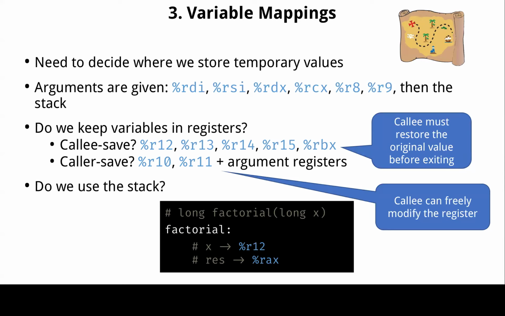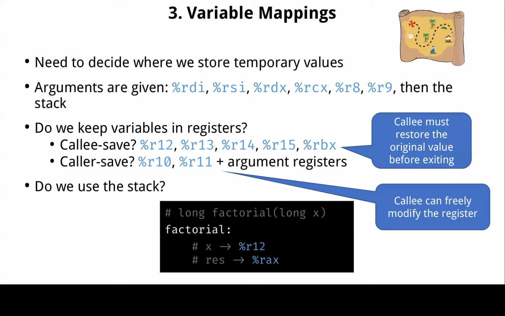Then there is another convention: who is supposed to save those registers? There is a concept called callee save, also caller save. Callee-saved registers mean your function implementation, because your function is called by someone, so this is a callee function.